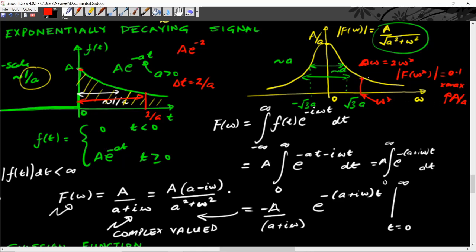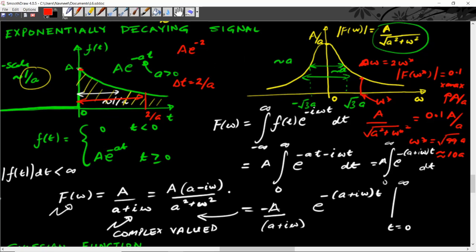That value is given by, let's say, the square root of a squared plus omega star squared, and we want that value of omega that is 0.1 times capital A over a, and this gives us omega star as the square root of 99 times a, or approximately 10 times a.